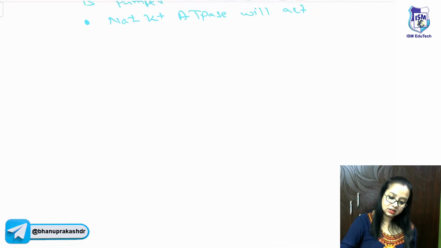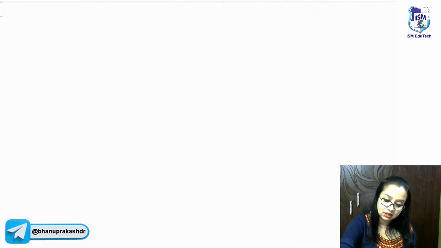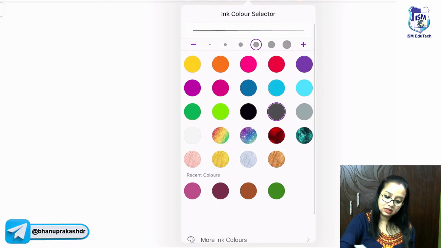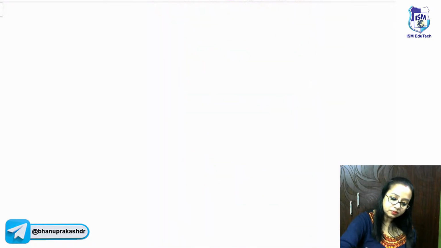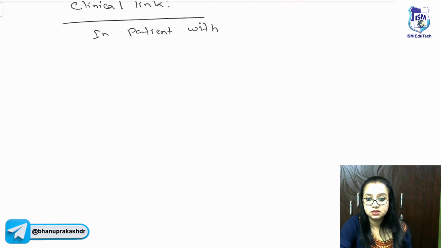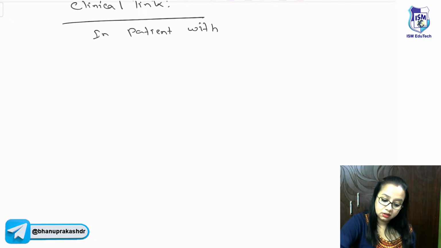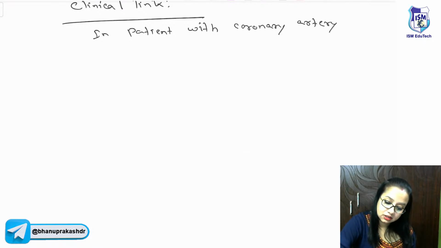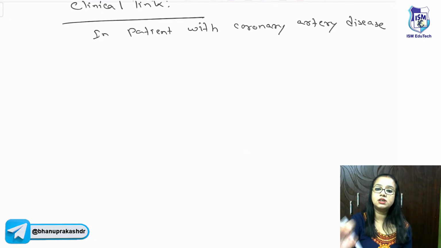Now, what is the clinical link of it? What are the two clinical implications of it? Clinically, it is seen that in a patient with coronary artery disease, suppose there is a blockage or obstruction in the coronary artery.